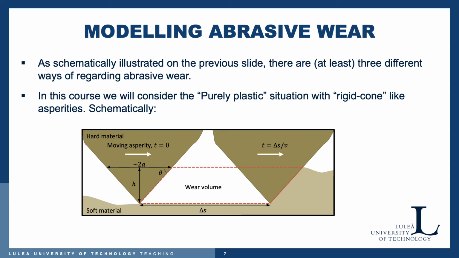What more is important to consider here is that this wear volume is very well defined by the height that this rigid cone sinks into the soft material, and coupled to that, the cross-sectional area at that height of the cone, which would be proportional to the distance 2a.